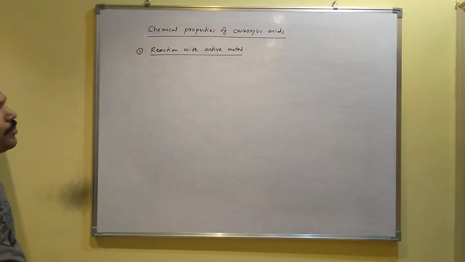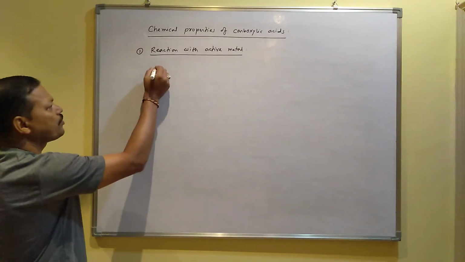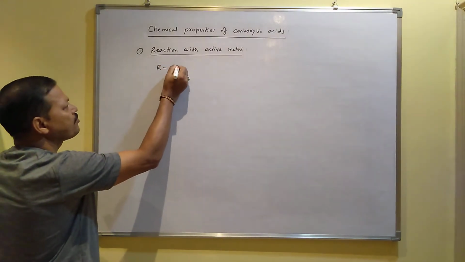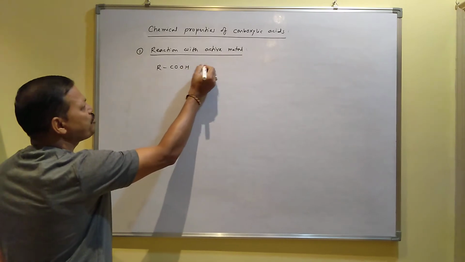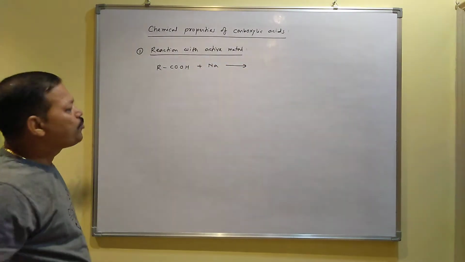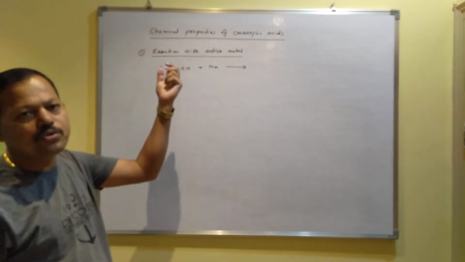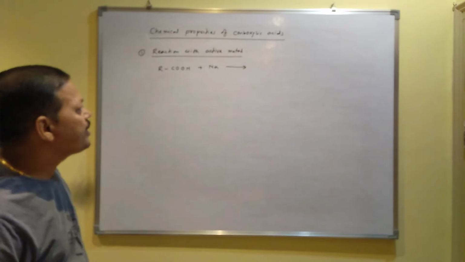Sodium, magnesium, potassium, these are said to be the reactive metals, active metals. Carboxylic acid, when it reacts with a metal like sodium, you know the property of acid. When acid reacts with some metal, it produces salt and releases hydrogen gas.